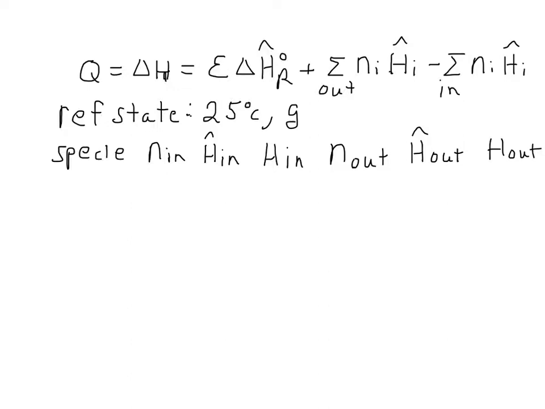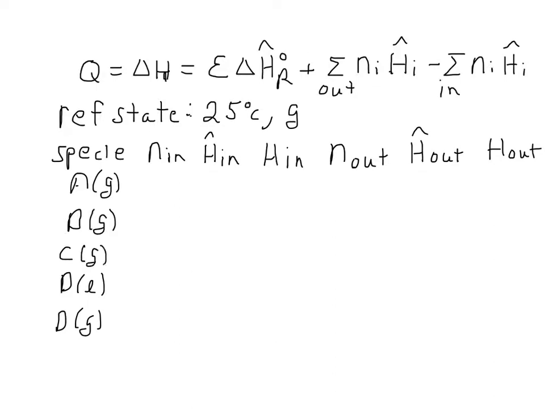Okay, so we have chemicals A, B, C, D as a liquid, and D as a gas. Now all the other chemicals are gases, so I suppose I could write that next to them also. All right. Now the N in, number of moles in and out, were already calculated. Those are 40 for A, 40 for B, those were specified, and 20 moles of liquid D, no C, no nitric oxide, and no water gas are coming into the reactor.